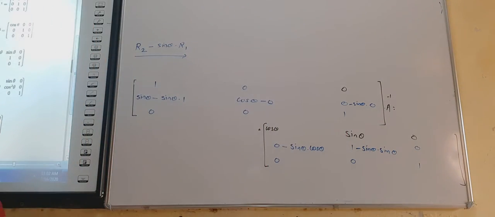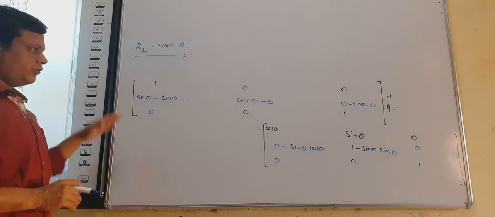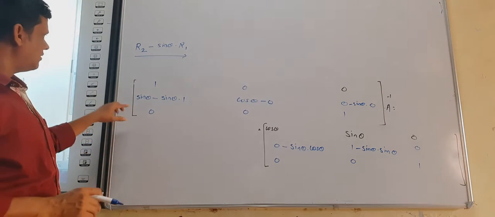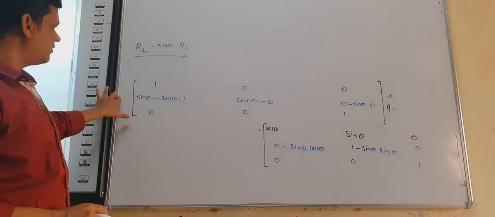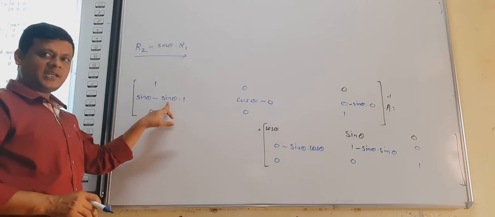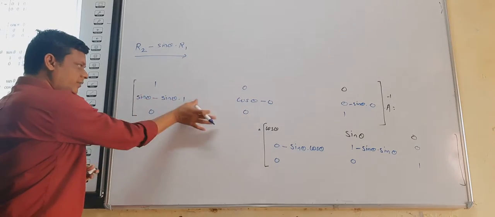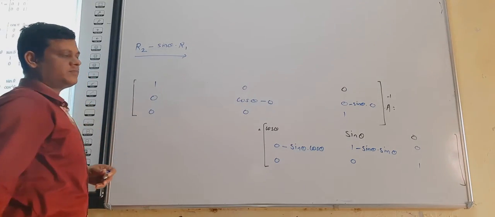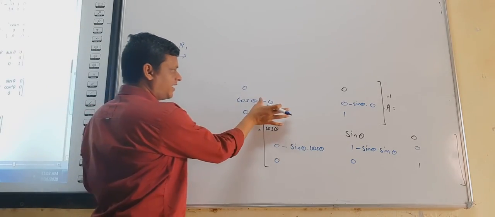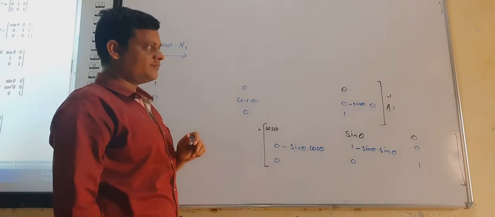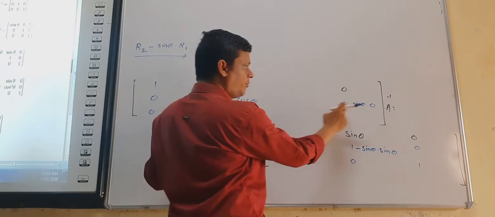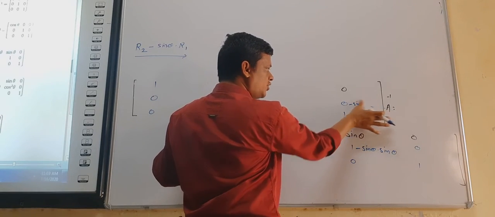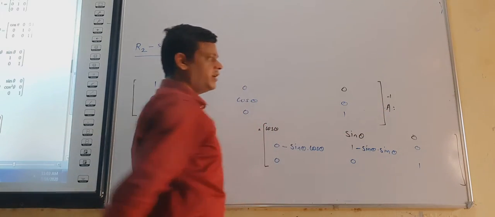Now see the calculations. You write in the next step sin theta minus sin theta. That means in the next step we get 0 here. Cos theta minus 0 is cos theta. Here 0 minus sin theta into 0 is 0. So we write 0 here.